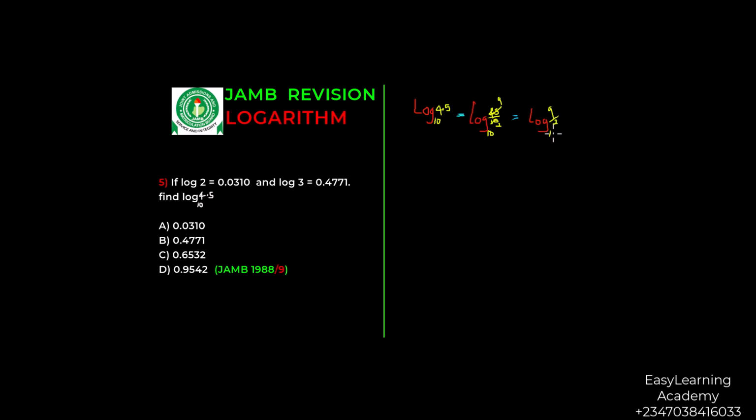So we've been able first to change the decimal, log 4.5 base 10, to this fraction. Now we keep simplifying, obeying the law of logarithm. Log 9 over 2 base 10 can be written as log 9 minus log 2. Since we are given log 2 and log 3 in our question, we don't have log 9, so we can't substitute.